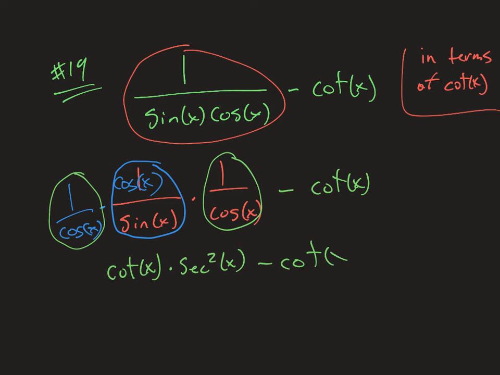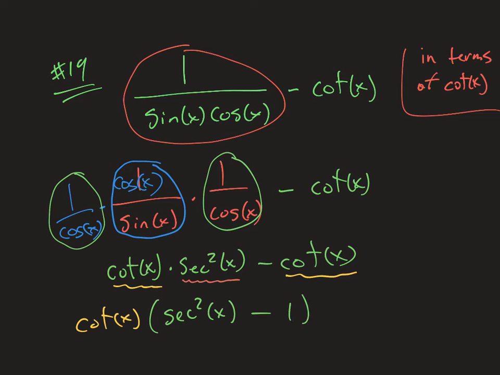So now we are very close to having this just in terms of cotangent of x. The only thing I still need to deal with is the secant squared of x. Well, you'll notice that each of these terms has a cotangent of x factor. So I'm going to factor out a cotangent of x. And then what that leaves me is the secant squared x minus 1, right? When I factor out that cotangent.